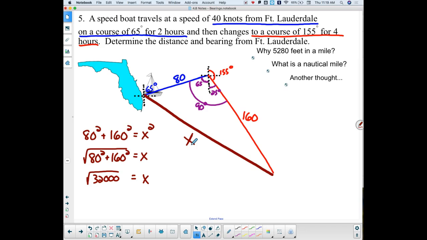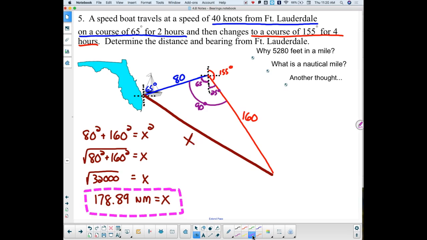What we got? 178.88 or 89. So it's 178.89 nautical miles away from Fort Lauderdale.